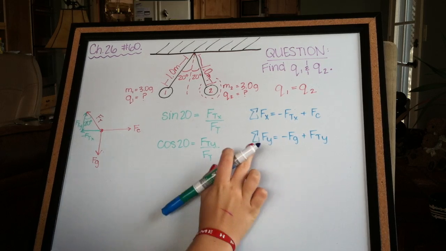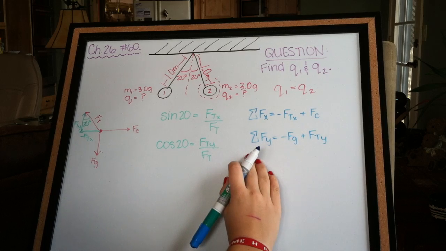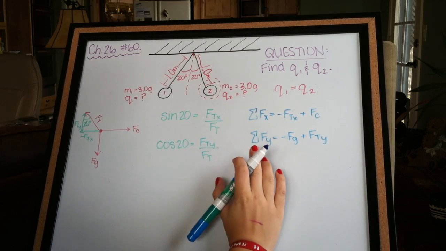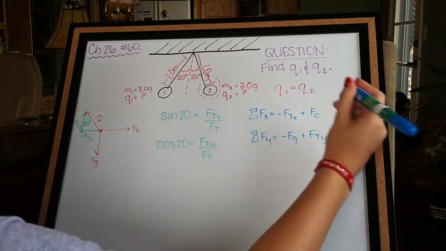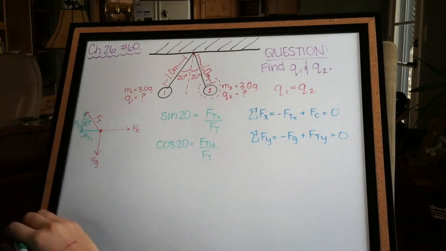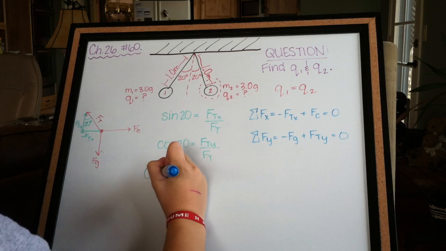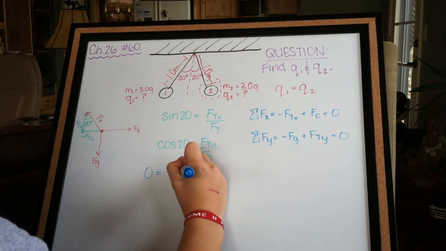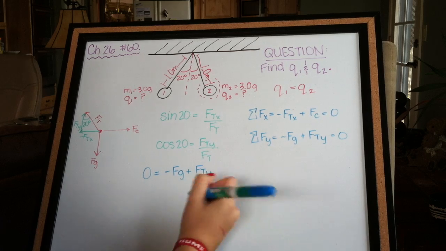Now I'm going to solve for the y's first because I know more about it, but also what I know is that the situation is in static equilibrium, so the sum of the forces has to equal 0 for both of them.